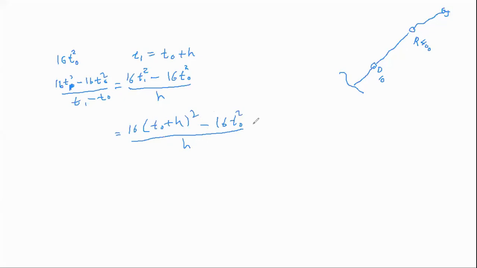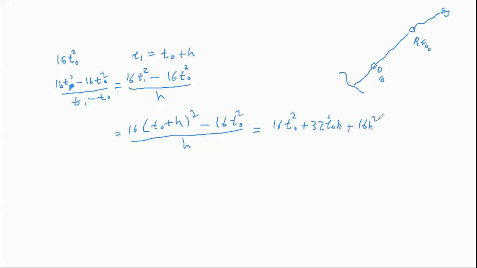If we do the math, we're going to get something like this: 16 t0 squared, and then we will have plus 32 t0 h, correct? Plus 16 h squared, correct?